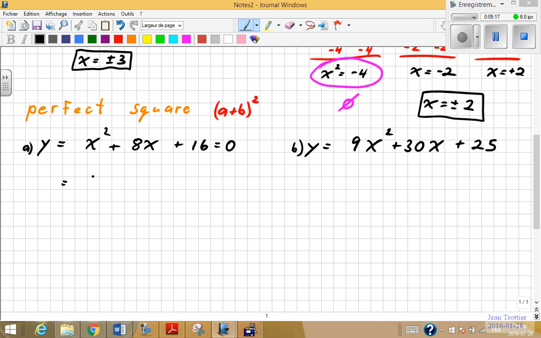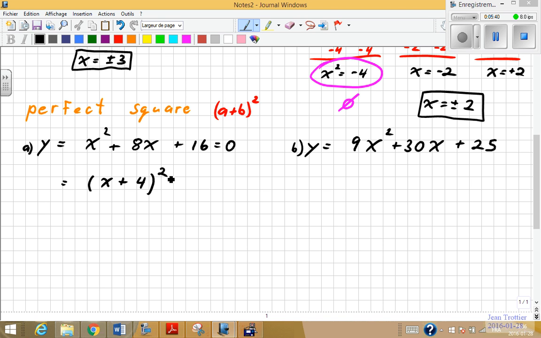So for this one, what we would write is the x. We take the sign in front of the b coefficient, which is plus, and then you can write either half of 8 or the square root of 16. We'll work with the square root of 16, which is 4, because that will always work for us. In some cases, when the coefficient a is not 1, half of 8 doesn't work.